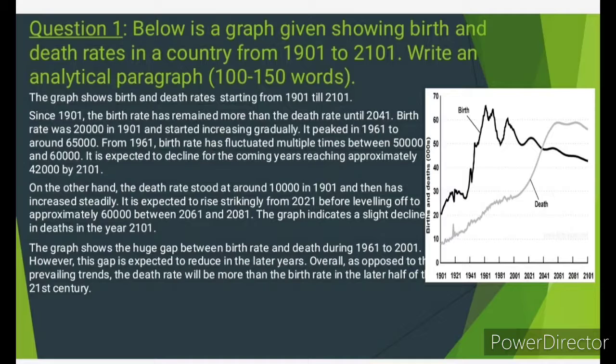So at the end, you can write, the graph shows the huge gap between birth rate and death rate during 1961 to 2001. However, this gap is expected to reduce in the later years. Overall, as opposed to the prevailing trends, the death rate will be more than the birth rate in the latter half of the 21st century. So this is how you can conclude your analytical paragraph, right?